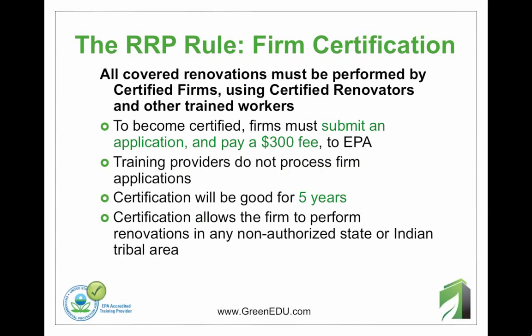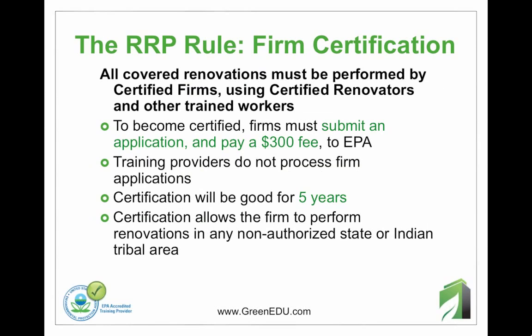Training providers such as ourselves, we have no say or influence on whether or not a company gets their firm certified. In my experience, the only thing that has held that up before is if a company has a lead violation against them to begin with. The EPA is going to want to know about that and how severe that violation was before they will give the firm certification to that company.